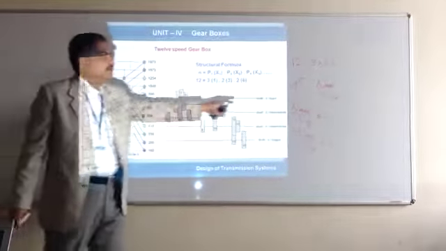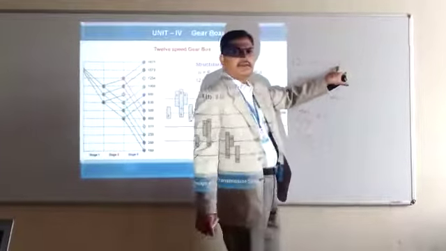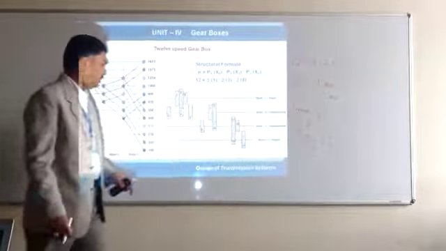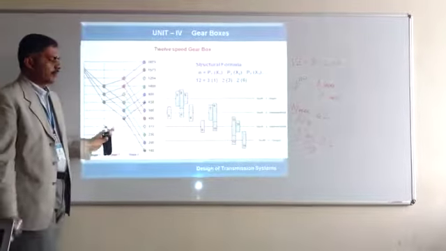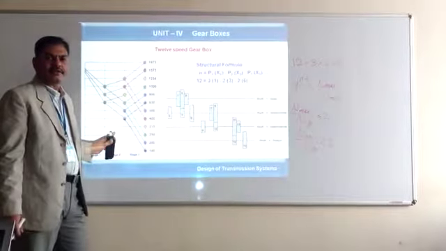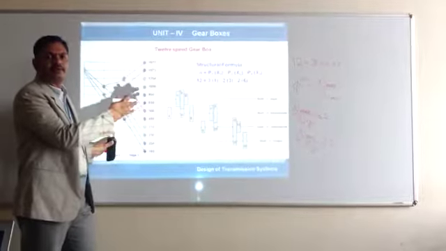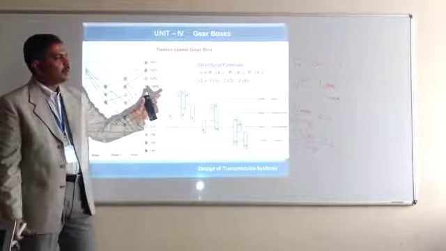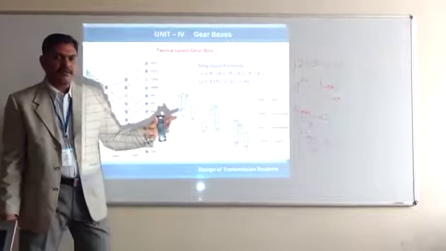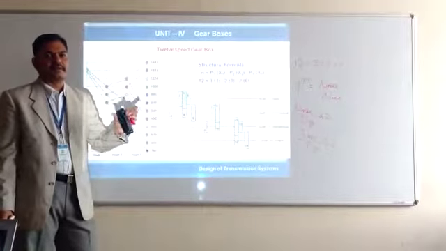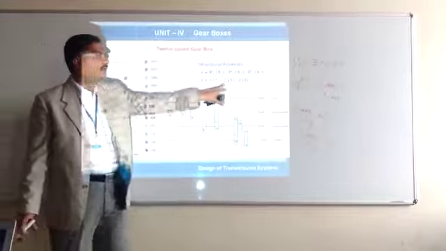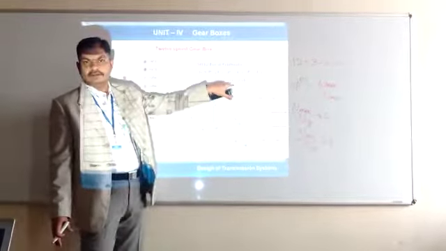So now connect a ray for this input and the output. So from one speed as input we are getting 2 output speeds. So these 2 are the 2 speeds that we are getting at the third stage. So now, how many speeds are there in the second stage?